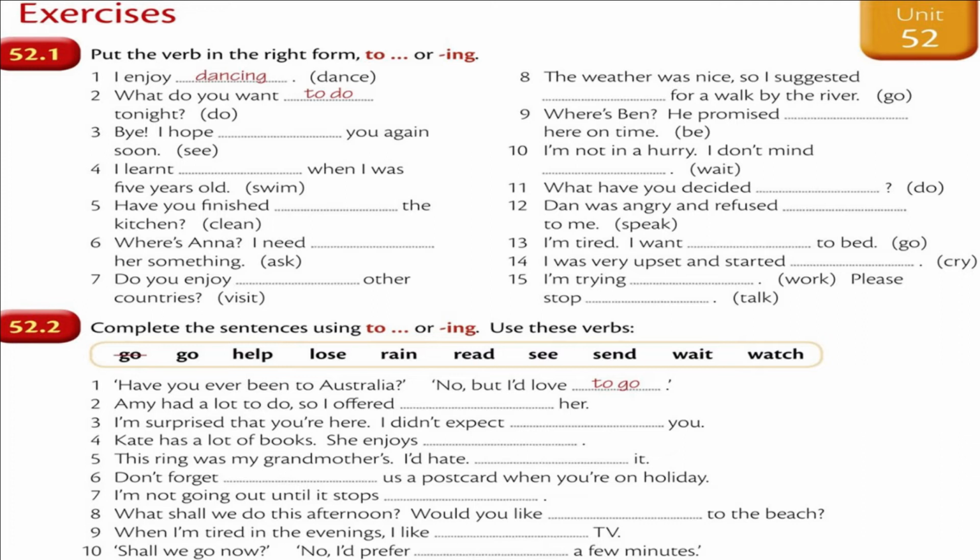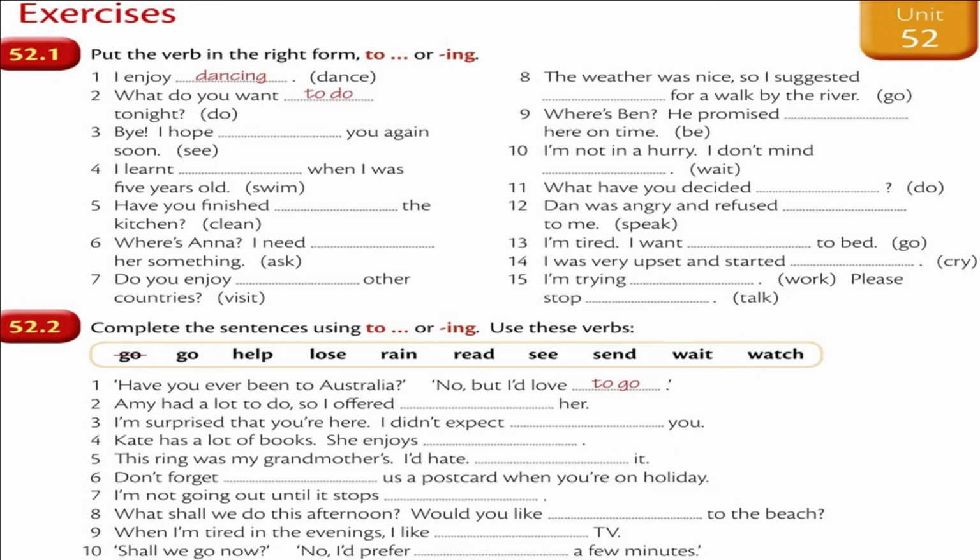Number 13. I am tired. I want to go to bed. Number 14. I was very upset and started crying. Or we can say, I was very upset and started to cry. Number 15. I am trying to work. Please stop talking.